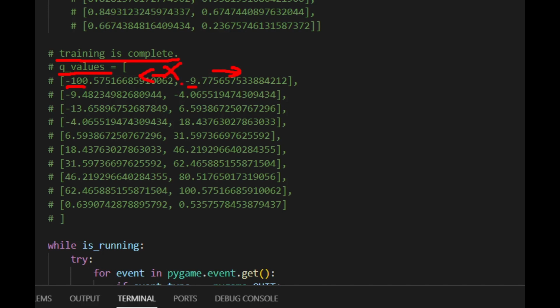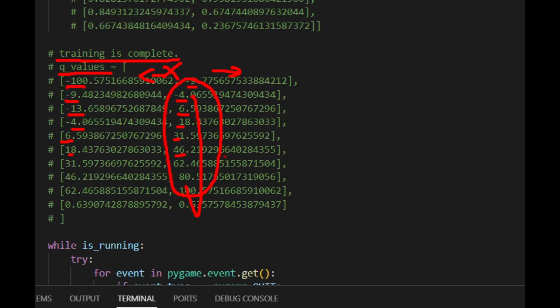In the second room, minus 4 against minus 9, again minus 4 is the winning number, so you go right. As you can see, 6 is greater than minus 13, 18 greater than minus 4, 31 better than 6, and so on. So turning right in each room will lead you to the green room. That means this model has learned properly, successfully.